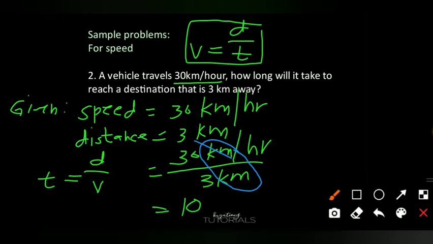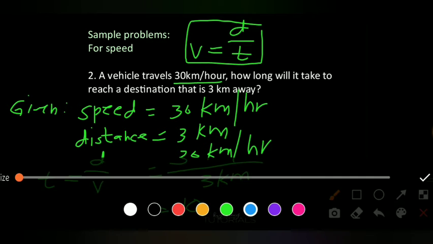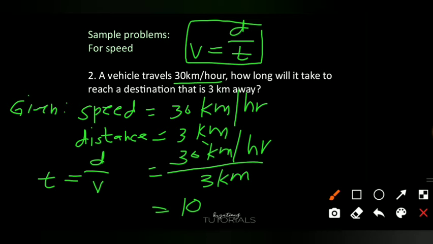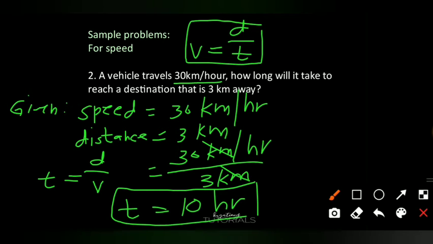So ma-cancel out na sila. So ang mahibilin nga unit is si hour na lang. Okay? So hour na lang ang mahibilin nga unit. Which is perfect, tungod kay di ba ang atong gipangita is time. Ang hour kay time na, di ba? So mao na atong final answer.